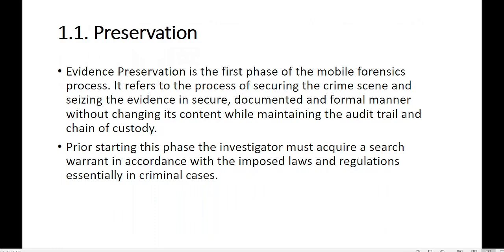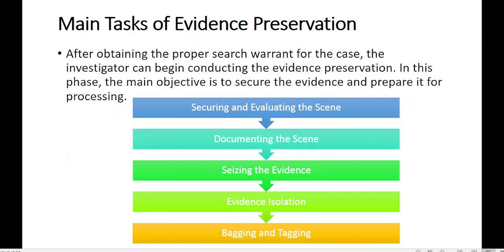Now, as I mentioned, within the preservation stage or phase, there are a number of things that you need to do. So here is where complication comes in. So how or what do you do when you're preserving evidence?